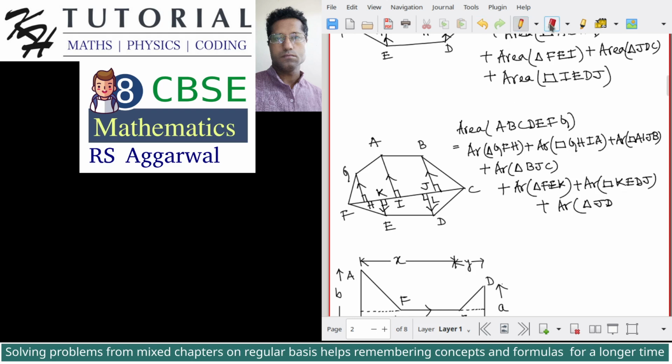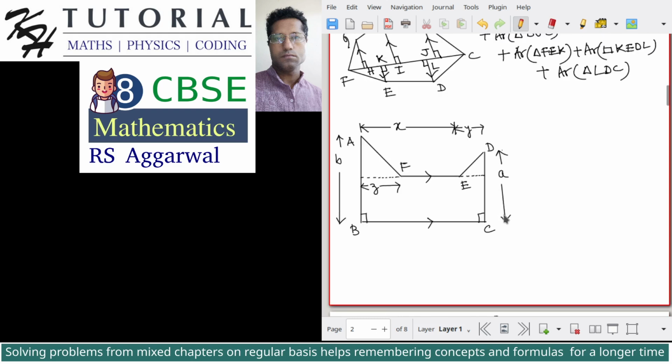Not JDC but LDC, and also the trapezium will not be KEDJ but it will be KEDL. So above the diagonal FC we have two trapeziums and two triangles, and below the diagonal FC we have two triangles and one trapezium. So we add the area of all the triangles and trapeziums. That will give the area of the entire polygon, that is heptagon ABCDEFG.